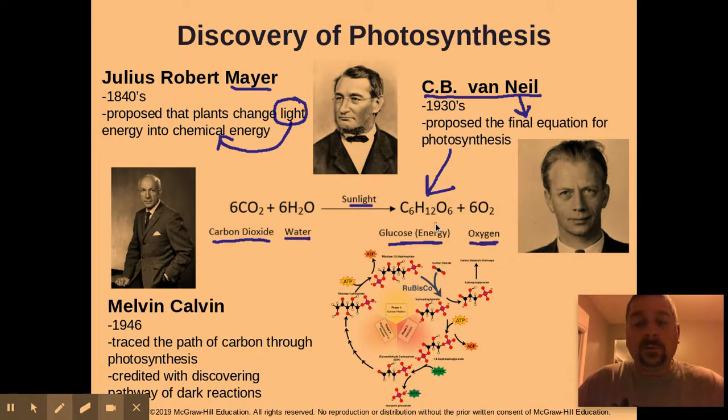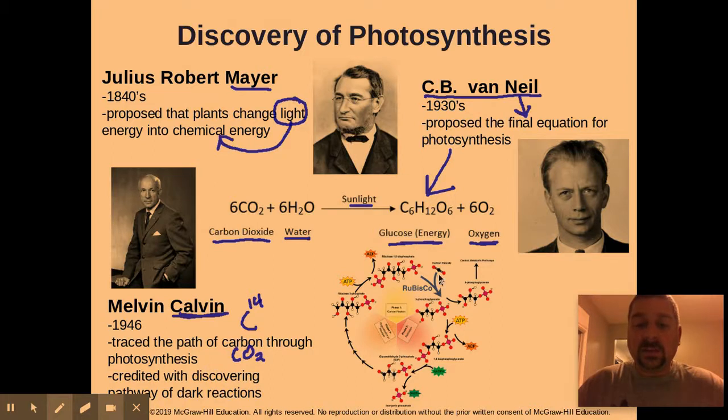Then it really began to be worked on by biochemists. Melvin Calvin, who the Calvin cycle is named after, in 1946 began experimenting and using C14, a radioactive carbon, to trace the path of CO2, or carbon, through the pathways of being reduced from CO2 into a glucose.